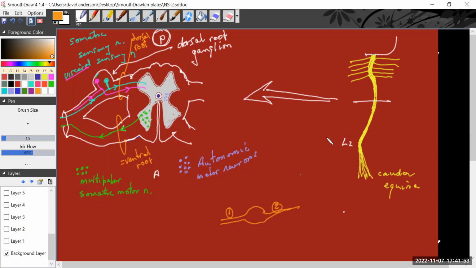What does it say under somatic sensory nerves, the one that's underlined in pink? Visceral. Oh, visceral. That means like an organ, right? An organ? Yeah. Okay.